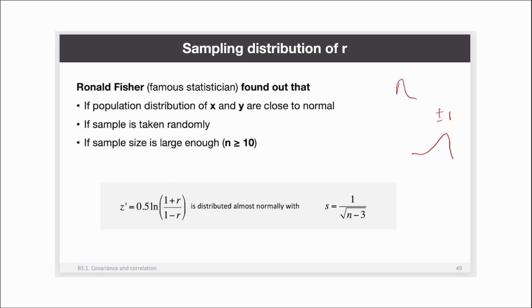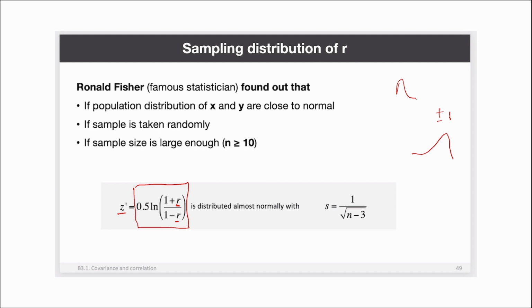And what trick did we use? We used a transformation, right? We used what is called the Fisher transformation, where based on r, we computed a special statistic, which is called Z prime. So we simply used a natural logarithm of a ratio, where we took correlation plus 1 over 1 minus correlation, and then took a half of it.